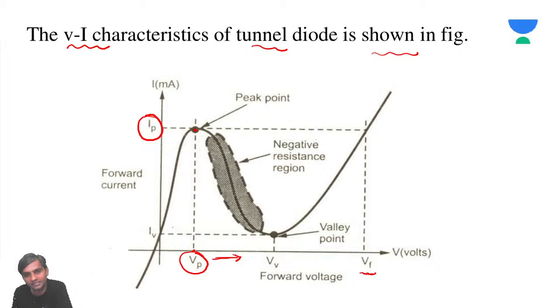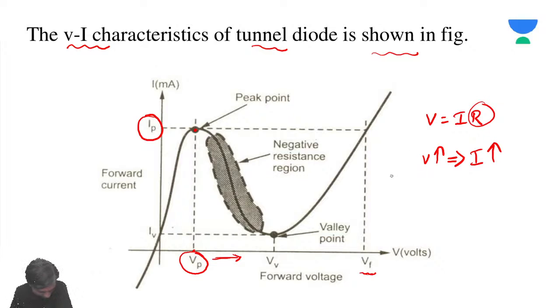the current is decreasing. Sir, you understand, generally V is equal to IR. As V is increased, I should definitely increase, because R is constant. As V is increasing, I should increase, yes or no?